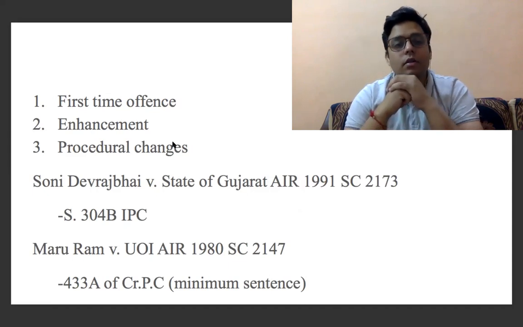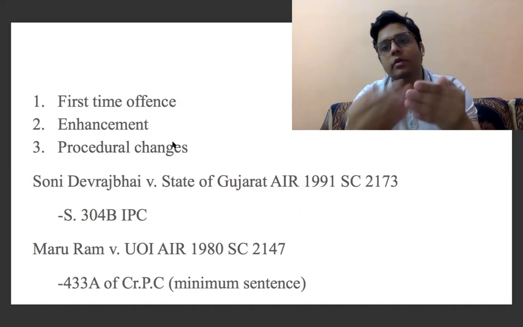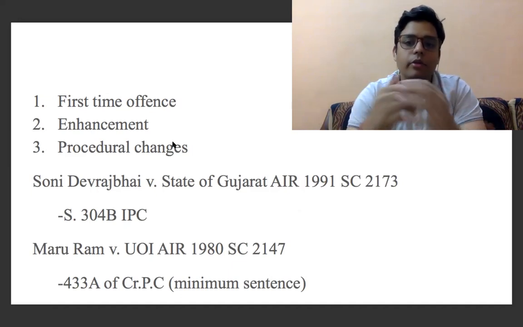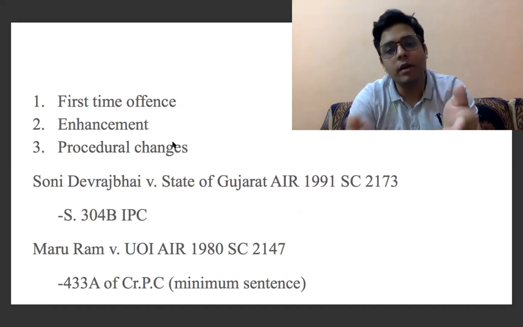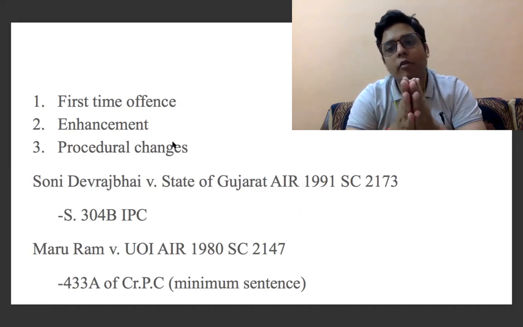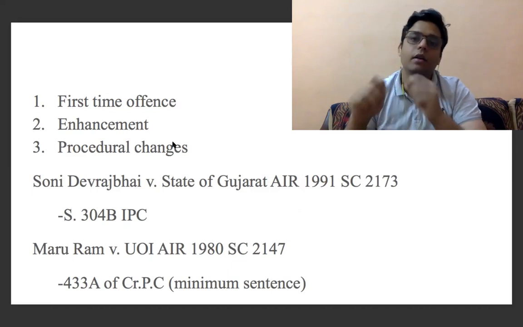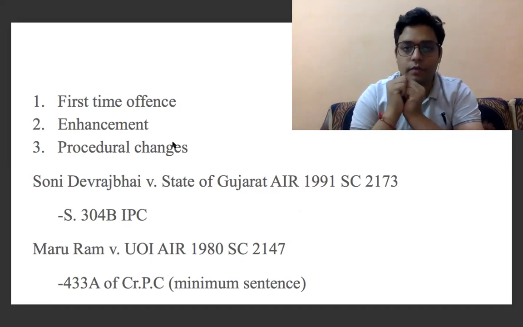But when the trial was on, an amendment came into force, and through it Section 304B was introduced to our Indian Penal Code, which made dowry death a specific offense different from murder and provided certain presumptions in it. What were the presumptions?